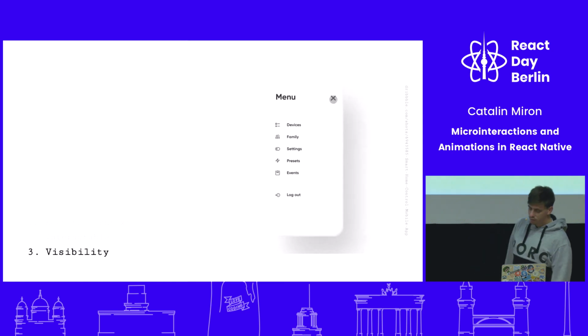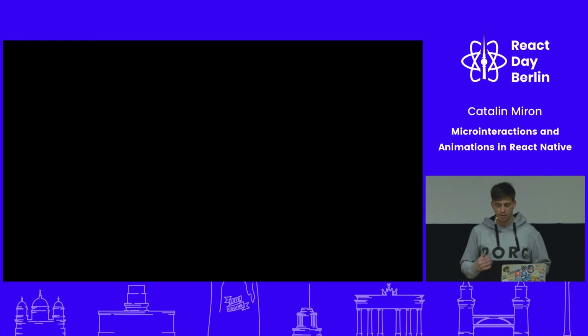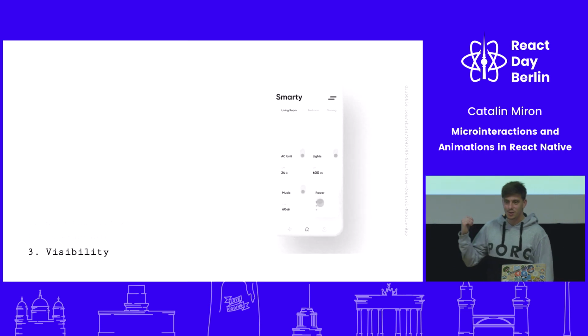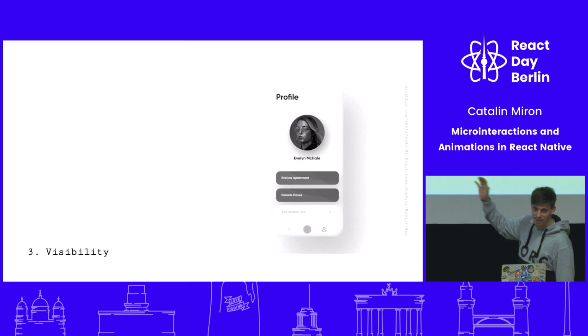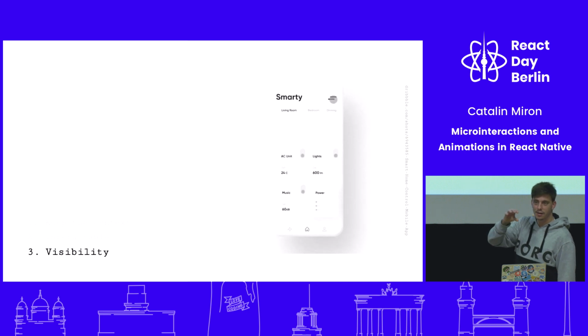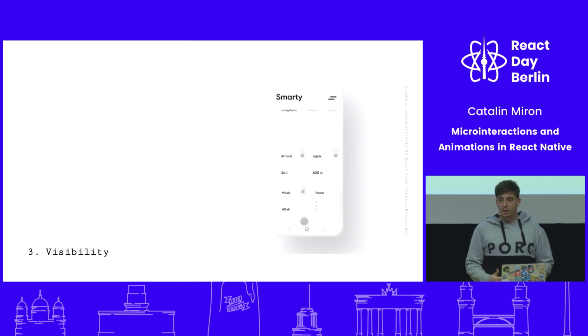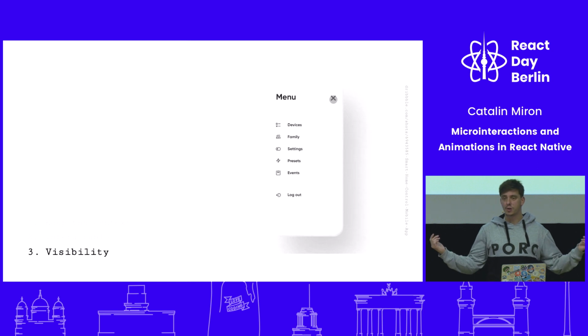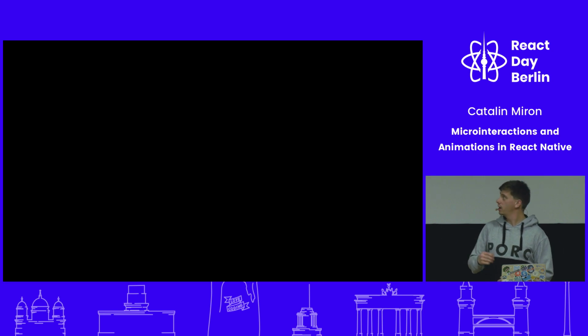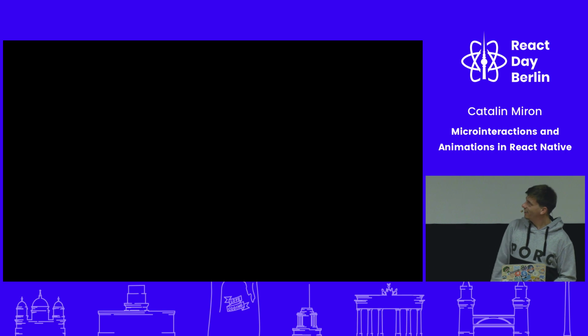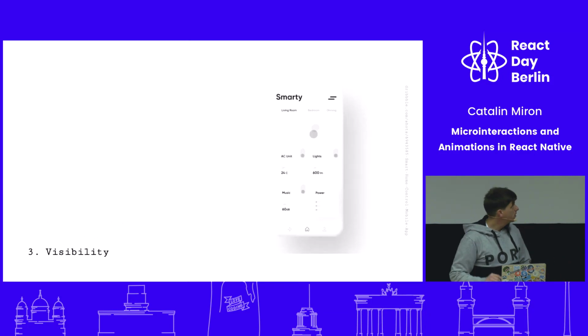Stagger, of course, appearing and disappearing of the elements will please users' eyes. You see, it's bad. Appearing and disappearing is like popping. Not actually. If there was a fade in, fade out animation, that will be better. So appearing and disappearing of elements, because we are developers, right? You can do a wow, I wish I could do this in React Native.